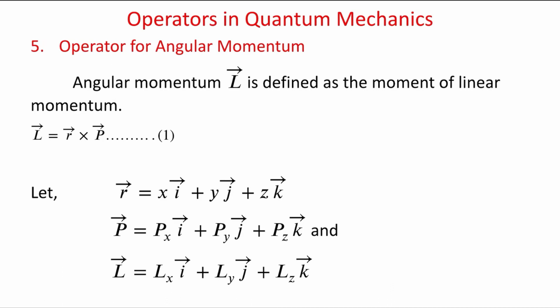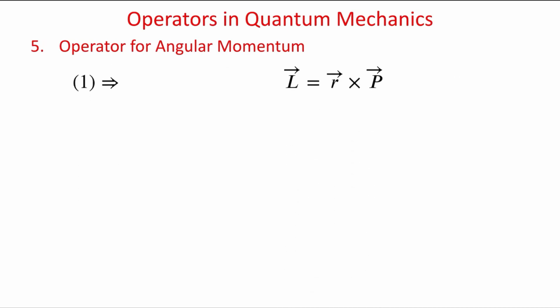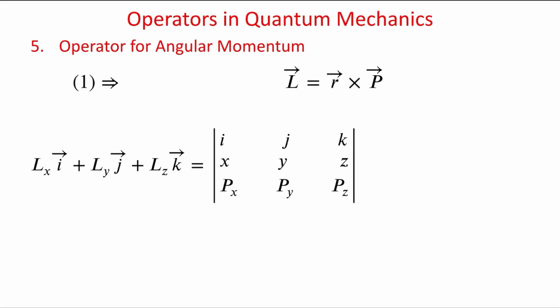Remember that here i, j and k are the unit vectors along the x, y and z axes, and Lx is the x component of angular momentum, Ly is the y component, Lz is the z component, and so on for the other terms.